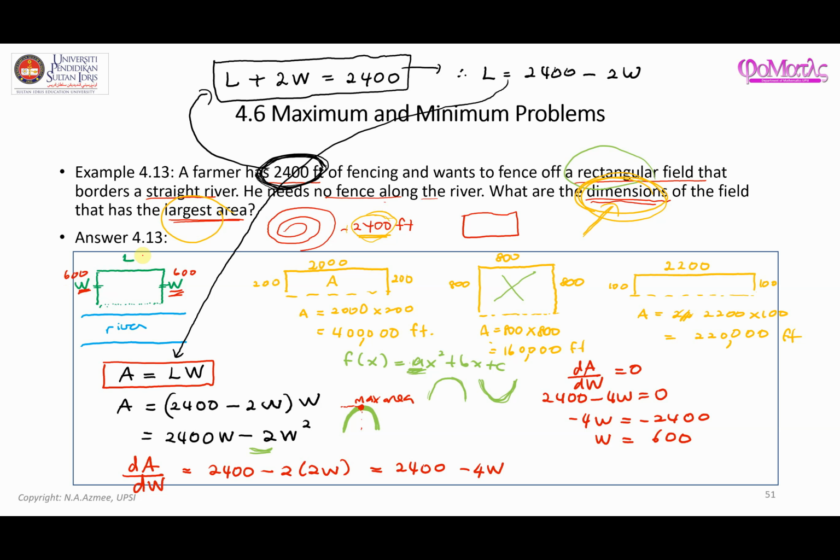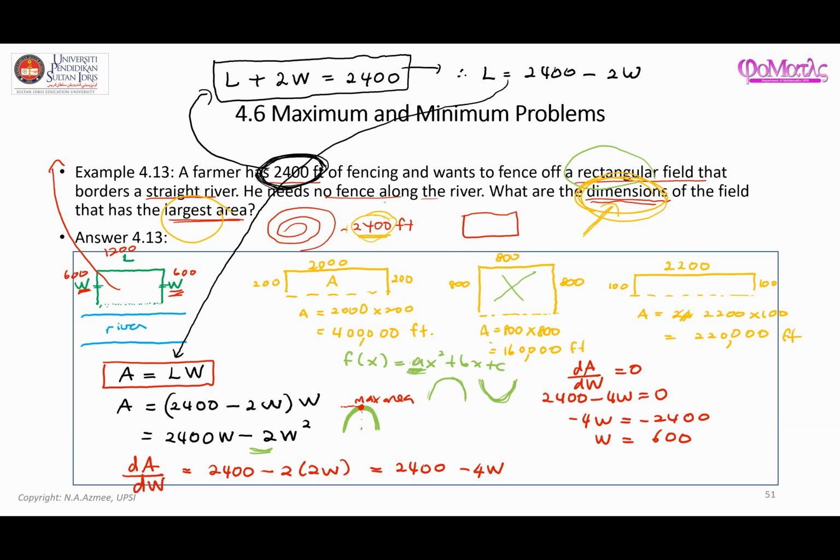How about L? L is going to be equal to 1200. Oops, I had an extra 0 over there. Okay, 1200. Now based on this dimension, maybe you can go on and check the area.